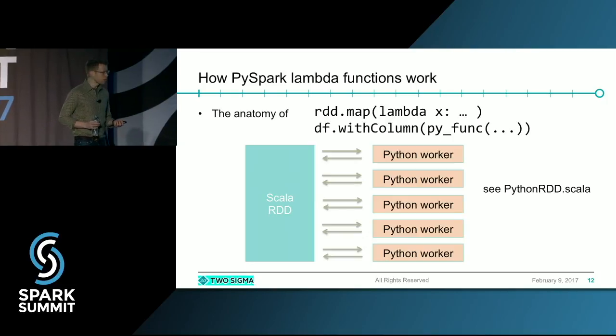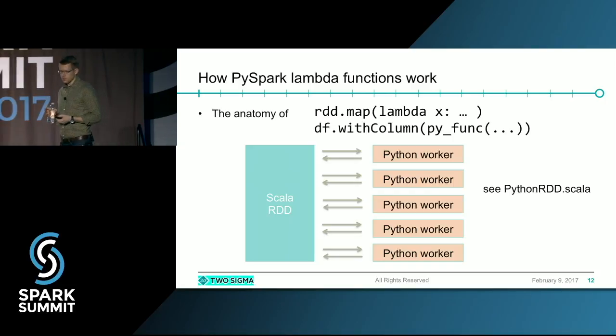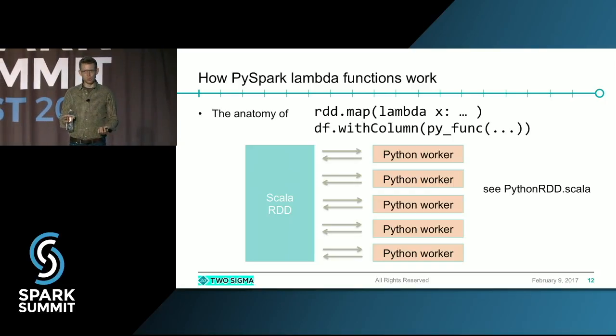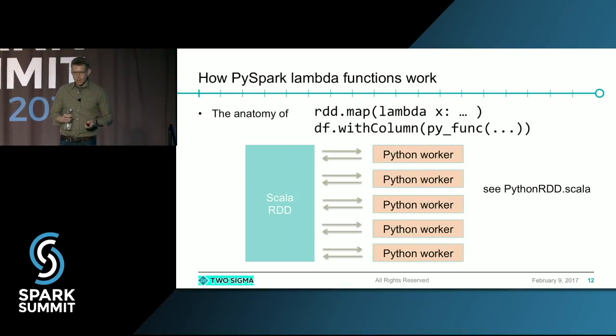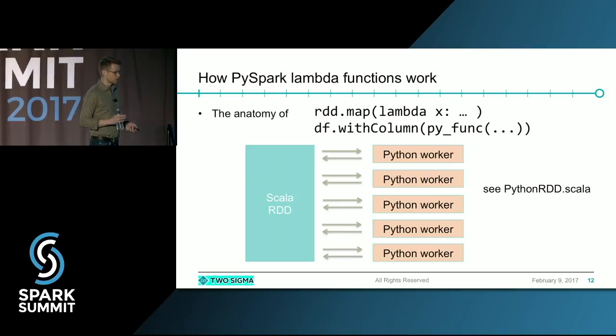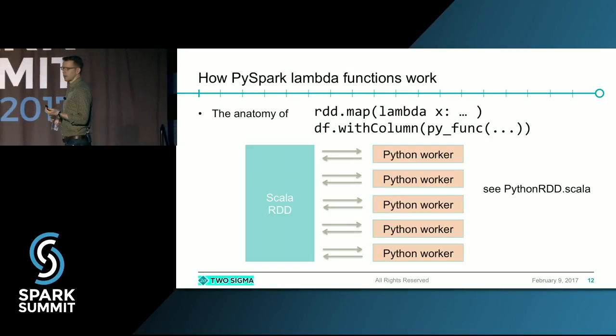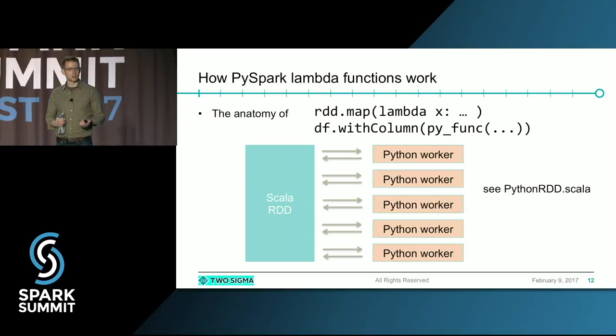If you're wondering how that works, and you dig down into PythonRDD.scala, the Spark driver spawns a pool of child worker processes, which are fully formed Python interpreters, and it sends them a stream of instructions and data, including not only the data set, which has been serialized out of the Spark driver, but pickled, serialized functions.